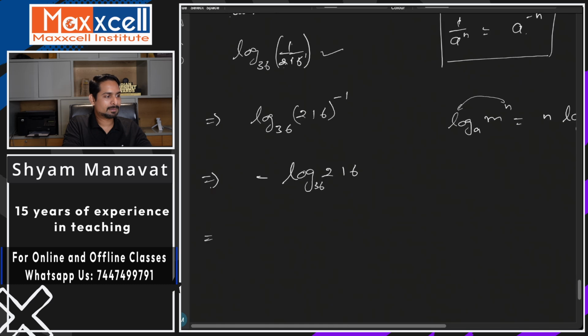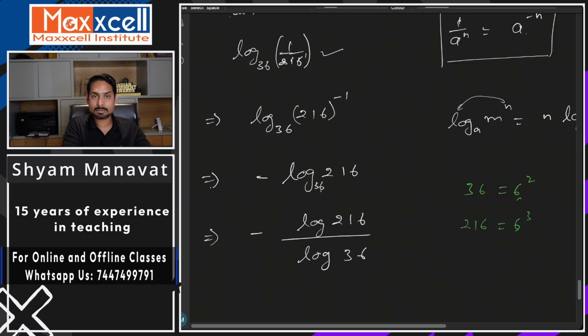Now here I have one value which is common between 36 and 216. What is that? 36 is 6 square and 216 is 6 cube. So I need to introduce base 6 here. Negative sign as it is, I can write this as log of 216 by log of 36.